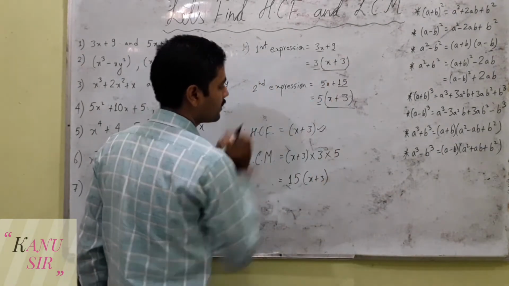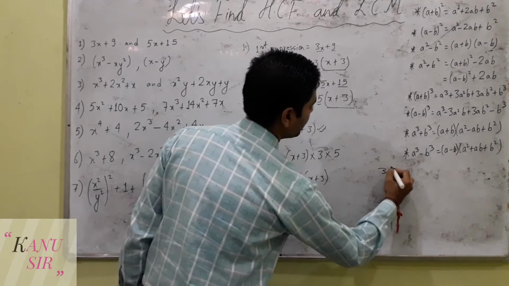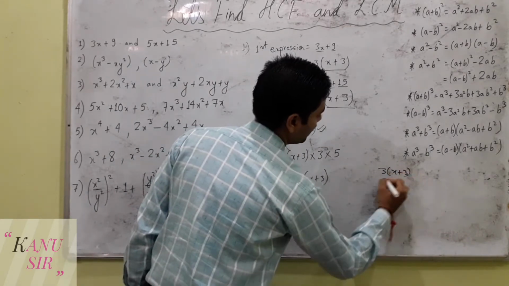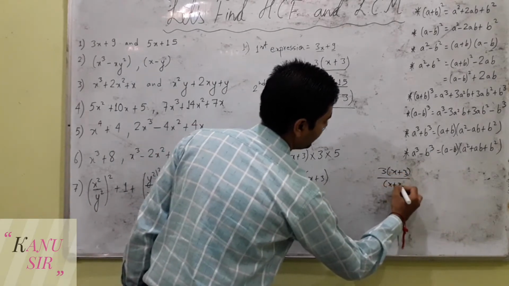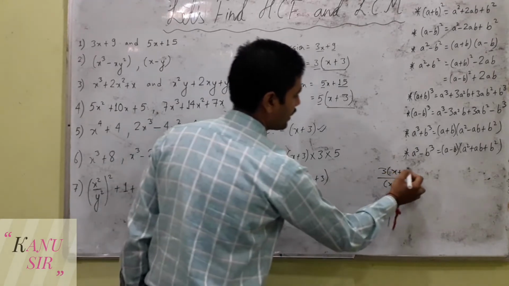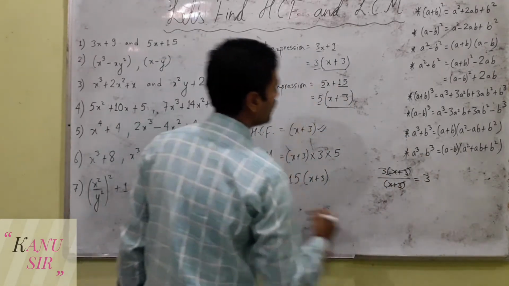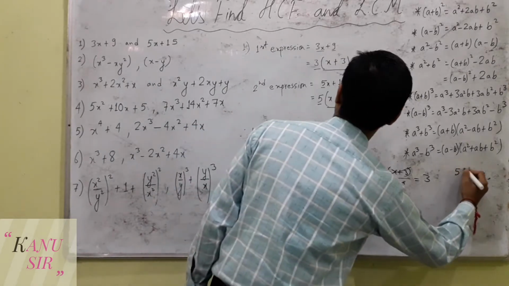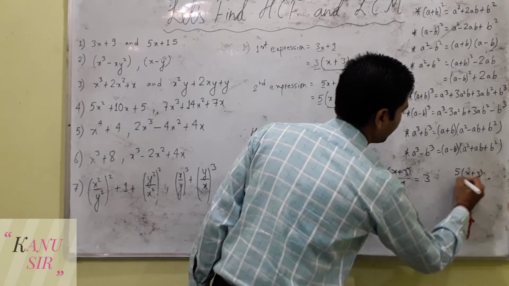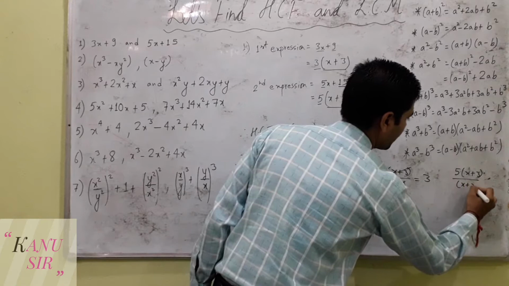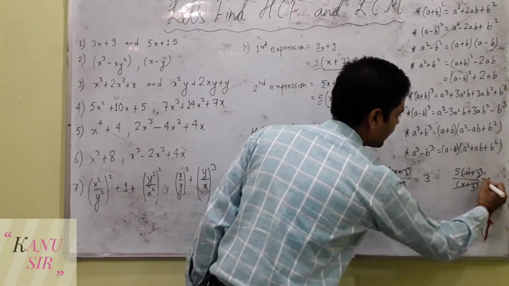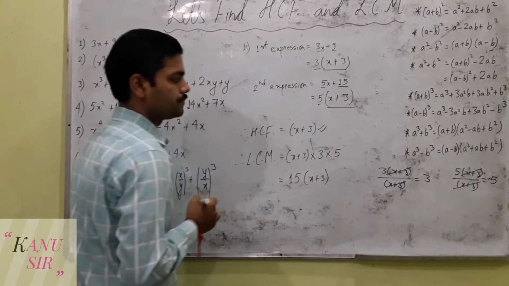Like you can take 3x plus 9 divided by the HCF, that is x plus 3, and the answer is 3. Or if you divide 5x plus 15 by the HCF x plus 3, then the answer is 5.